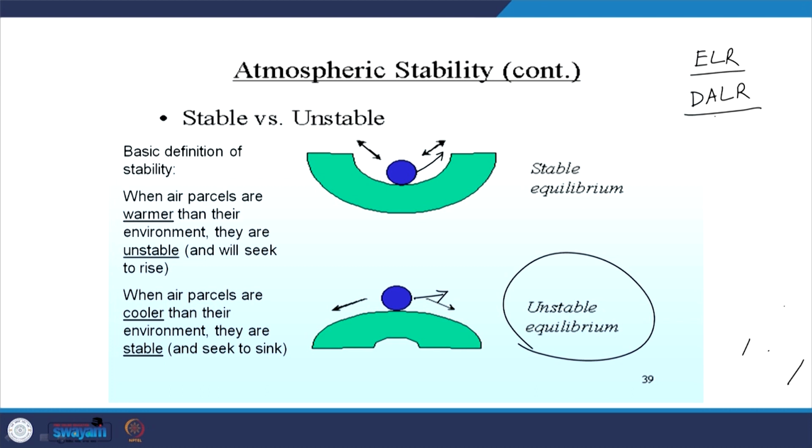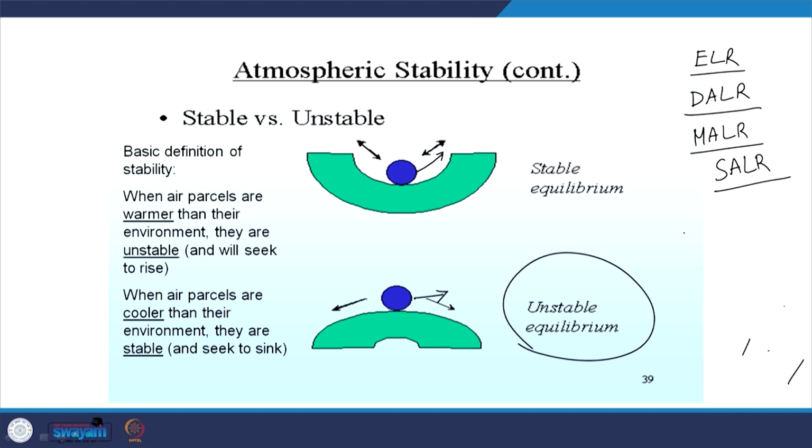Then you have also defined MALR, which is moist adiabatic lapse rate or saturated adiabatic lapse rate. We have defined all these rates. So, what are these lapse rates? These lapse rates tell you how the temperature decreases inside the air parcel as you raise it vertically upwards, right.